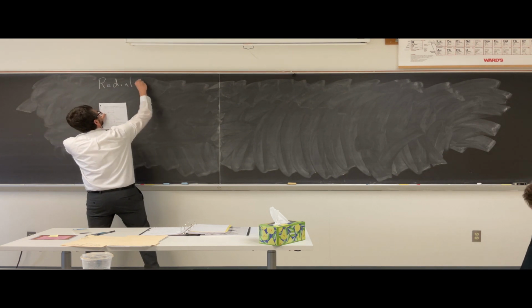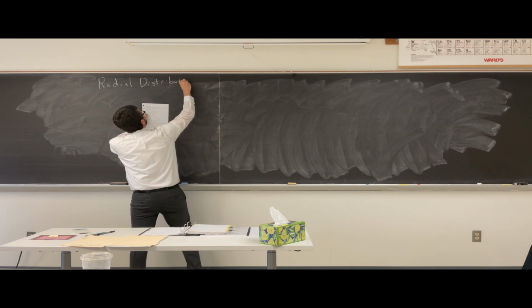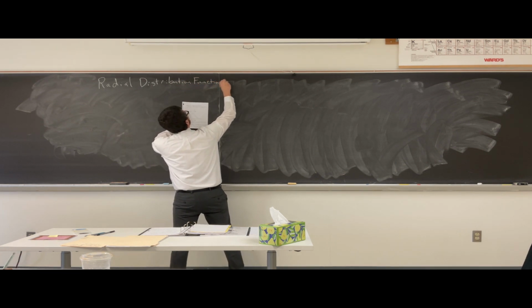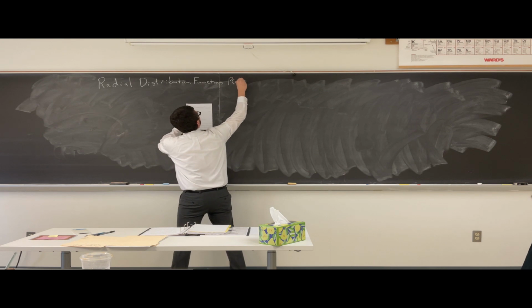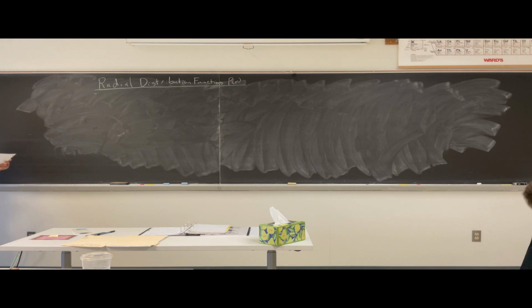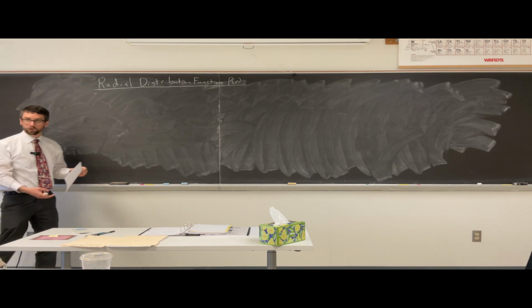So let's talk about those radial distribution, P of R. Really what we're talking about here is related to the probability of finding an electron in an atom in different orbitals.